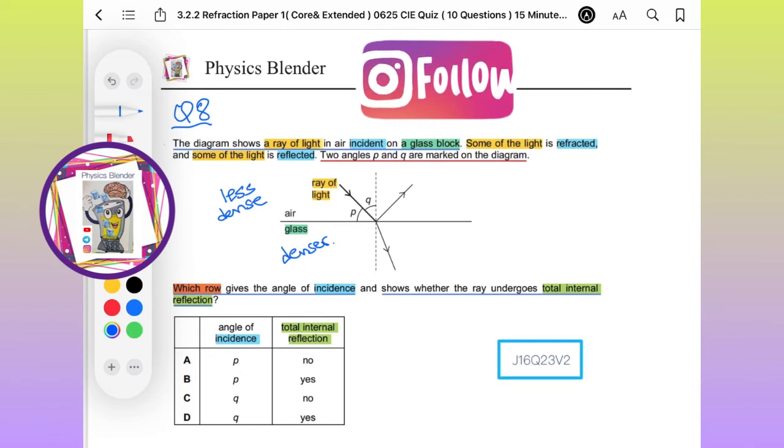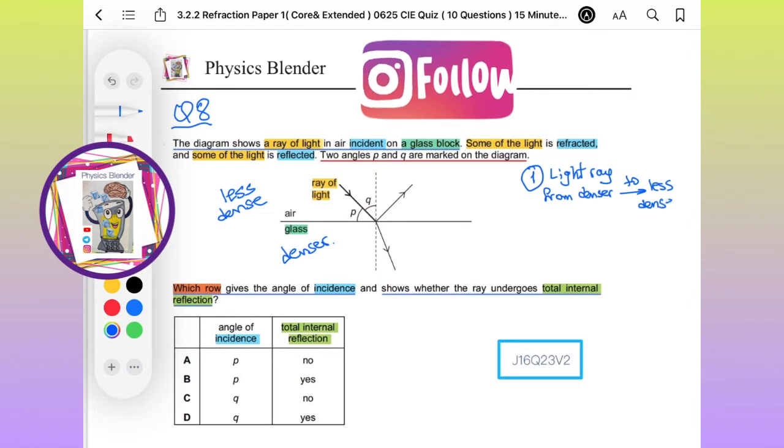Back to total internal reflection, let's revise the two requirements. Number one, the light ray should travel from denser to less dense, which is not the case.